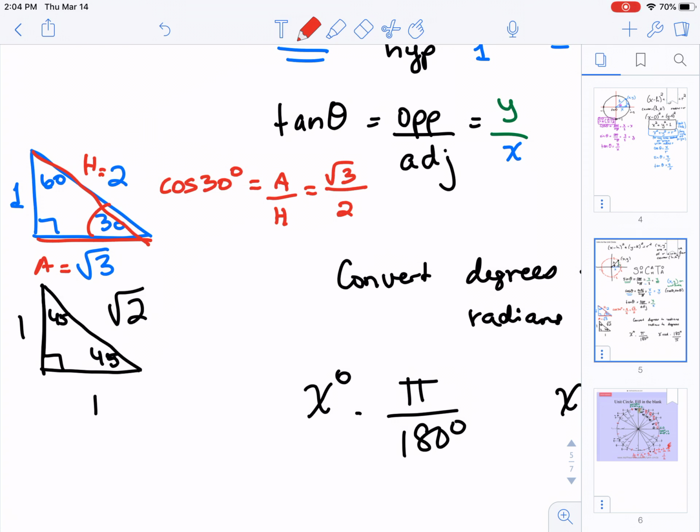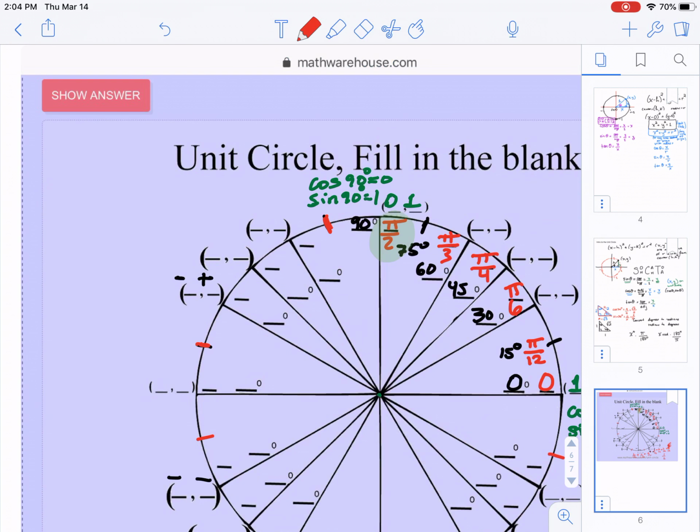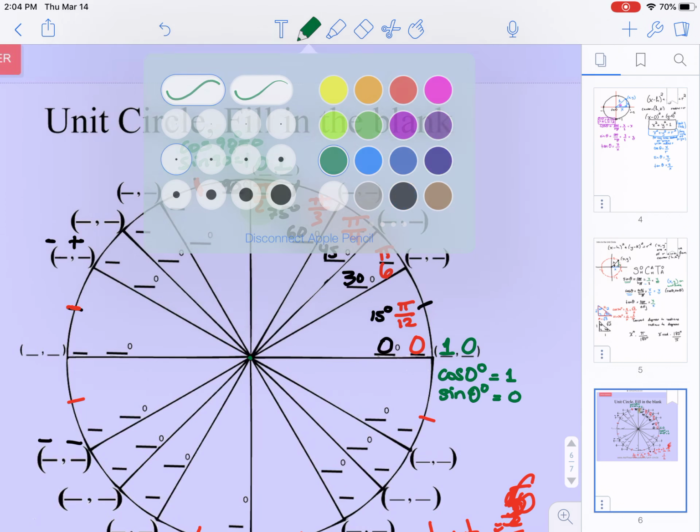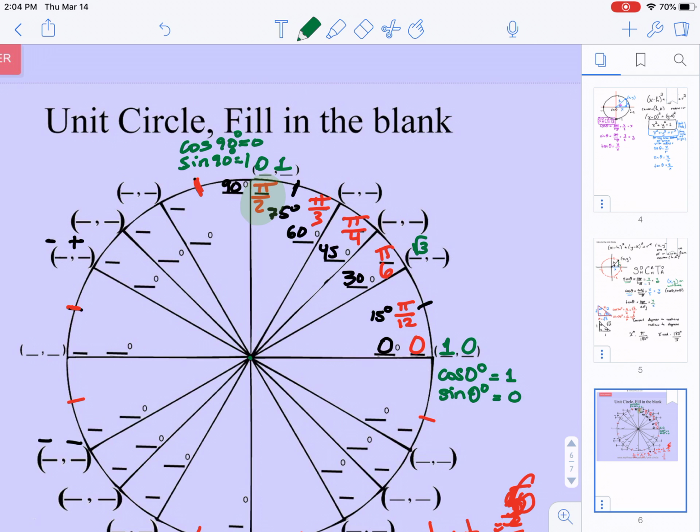So the cosine of 30 degrees is rad 3 over 2. The sine of 30 degrees is opposite over hypotenuse, in this case, 1 divided by 2 again. We're going to pop that right into our circle. Cosine of 30 is going to be rad 3 over 2. Sine of 30 is going to be 1/2.